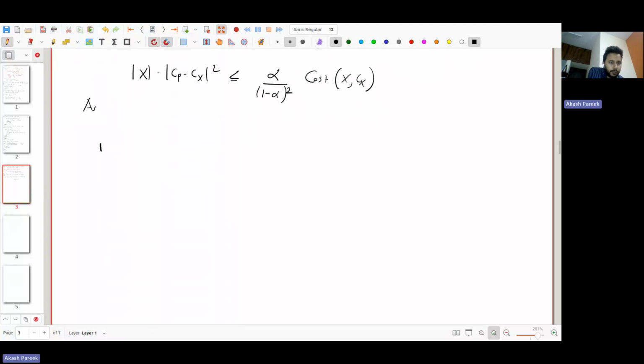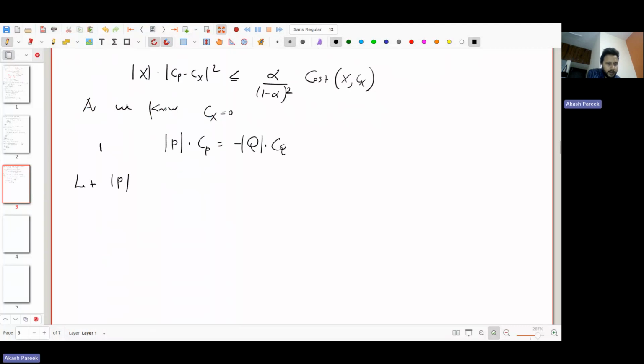So as we know that CX is 0, then the cardinality of P times CP equals minus the cardinality of Q times CQ, okay?